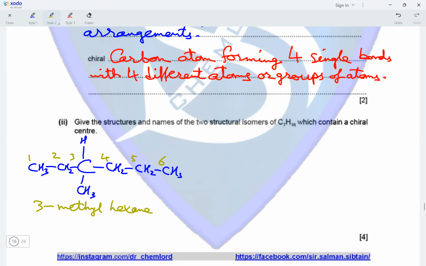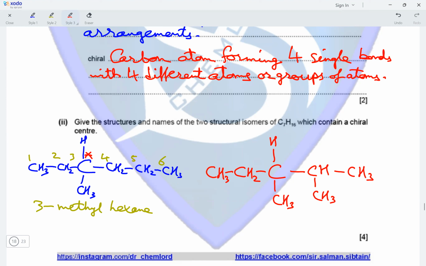And we need to have another structure which has a chiral center present. So this structure would be a carbon with a hydrogen on one side, a CH3 on the other side, CH2, CH3 on the third side, and instead of a straight chain 3 carbon compound on the right, we can have CH, CH3, and CH3. So branching has been introduced in the group on the right.